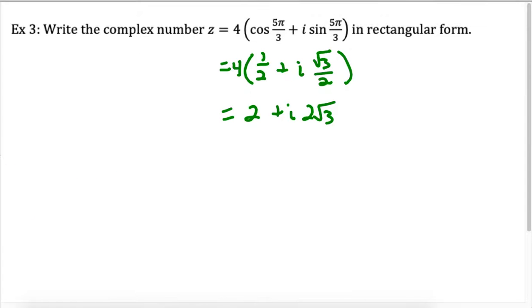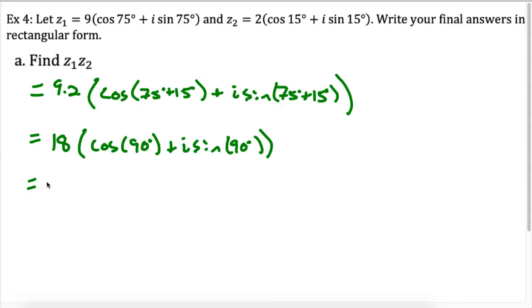So this one is going to simplify down to 18 times 0 plus i times 1. So 18 times 0 is 0. 18 times i times 1 is just 18i. So z1 times z2 is just 18i.